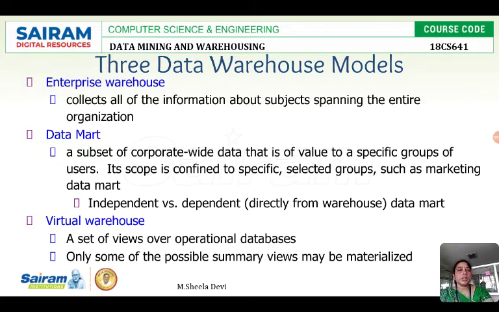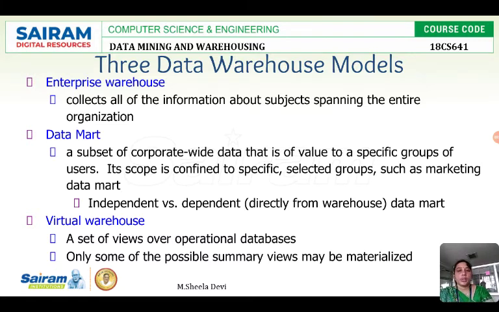That's the difference between independent and dependent data marts. The independent data mart gets the data from multiple heterogeneous external data sources, whereas the dependent data mart gets the data from the warehouse of that particular organization only.